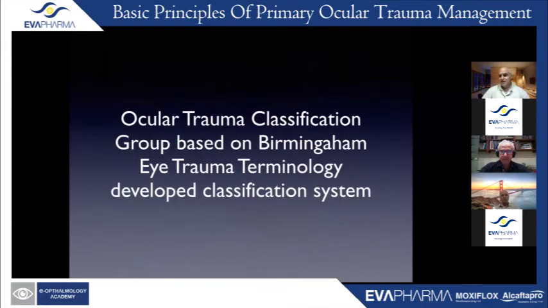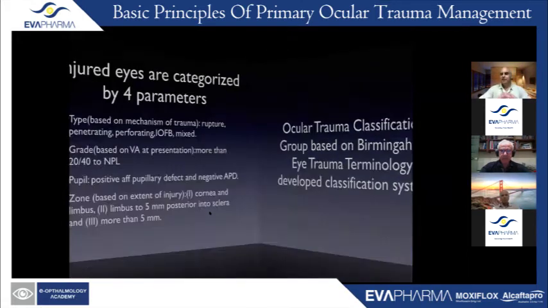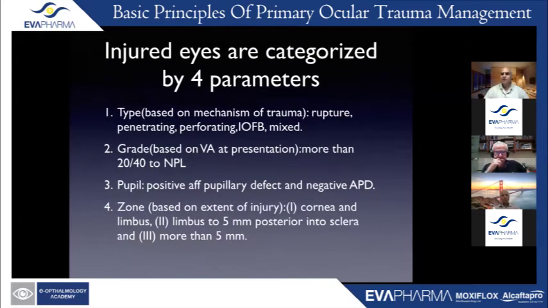This is the classification Dr. Mahmoud was talking about, and we try to apply this in our department, and it's helpful. It is not the best thing, but it's helpful to give a prognosis and to be more accurate in recording the trauma. Injured eyes are categorized by 4 parameters: the type of injury, which means the mechanism of trauma.